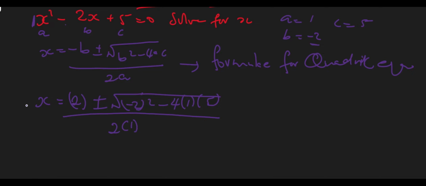You punch everything into a calculator. What do you get? You'll get x is equal to 2 plus or minus the square root of negative 2 to the power of 2, which is 4, minus 4 times 1 times 5 is 20, meaning it's 4 minus 20, which gives us negative 16, over 2 times 1 is 2.